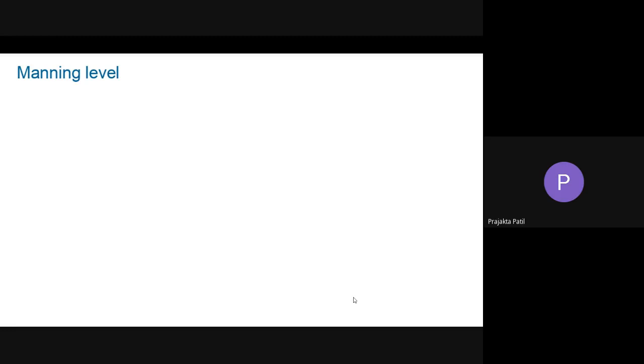So what do we mean by this manning level? Basically, the manning level of a workstation is symbolized by M subscript i.